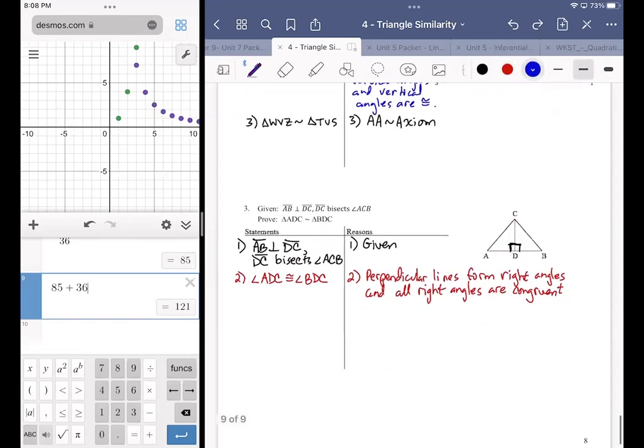I just got to get that into words. If I know these two angles are congruent to one another, I can make that statement: angle ACD is congruent to angle BCD.